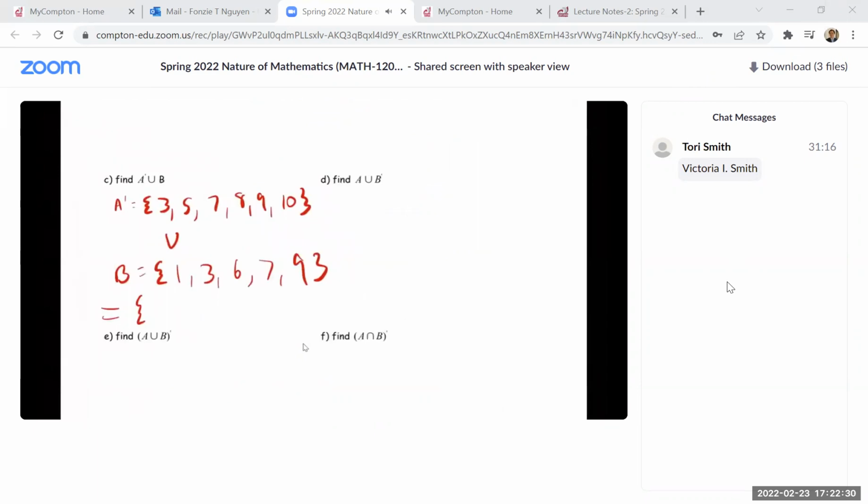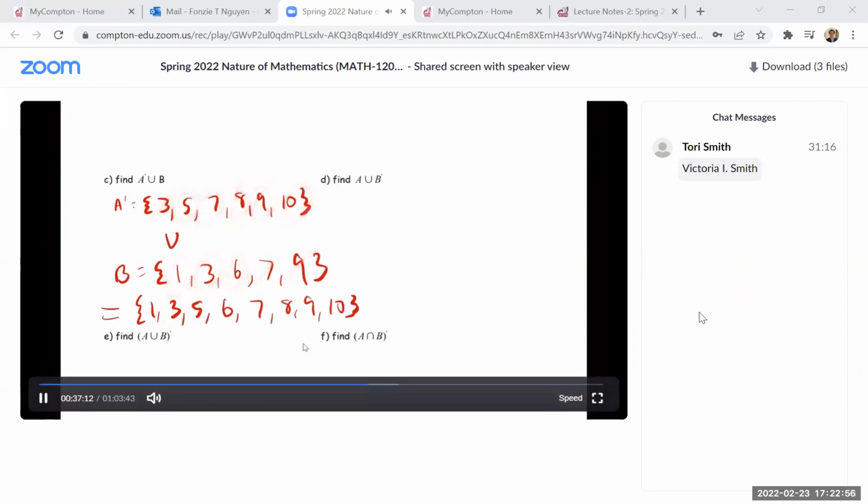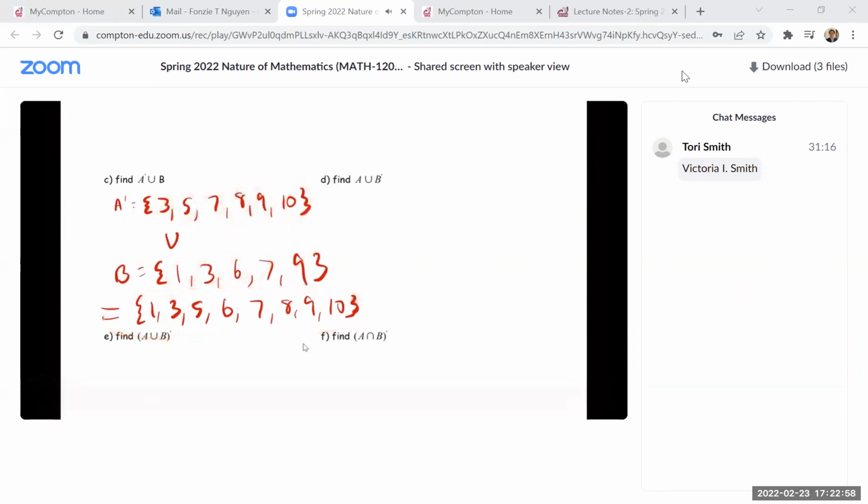So does anybody know what would go in there? 1, 3, 5, 6, 7, 8, 9, 10. Yeah, and notice you didn't repeat the 3s. Even though there's two 3s, you only write it once. And we don't repeat 7, 9, or 3. So there you go. That is the final answer. Very good.